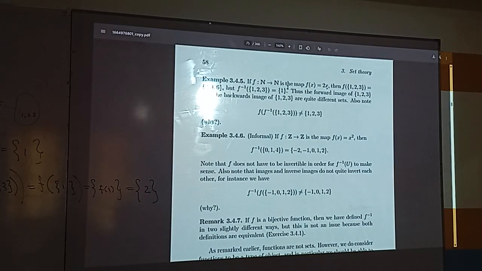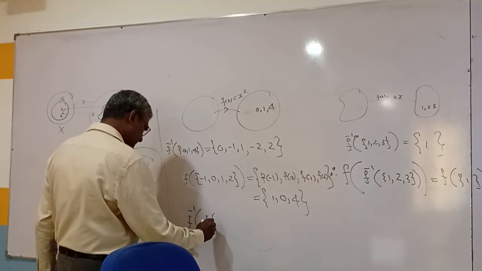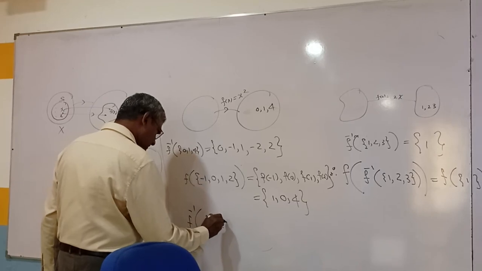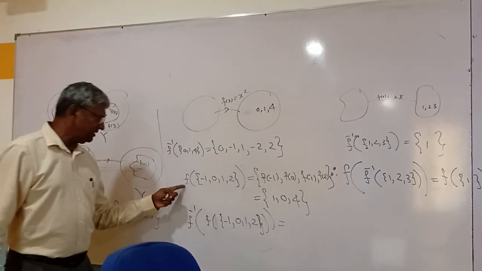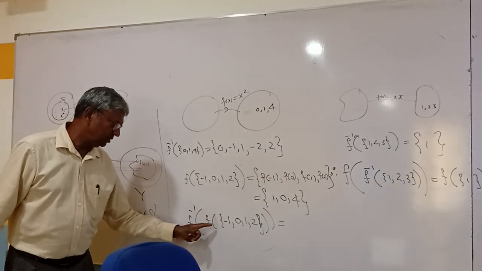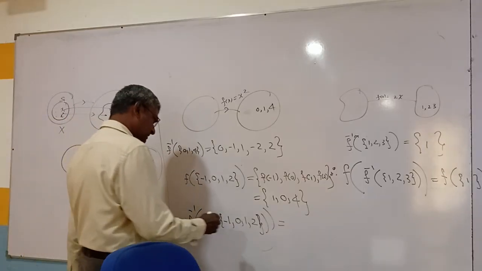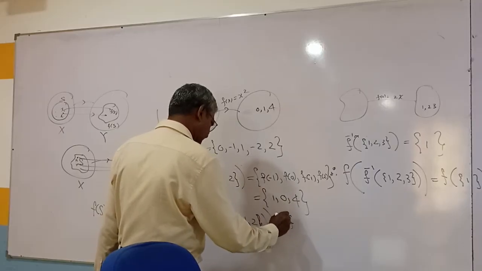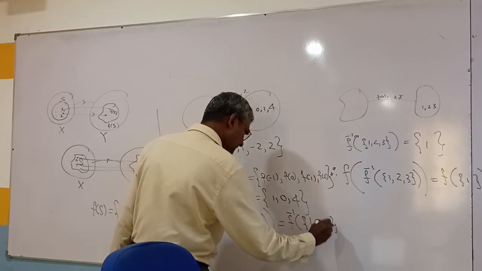Right? Then f inverse of f of the set {-1, 0, 1, 2}.